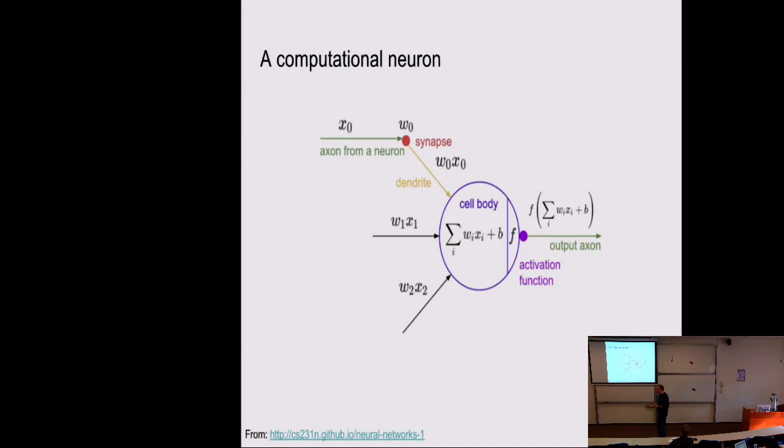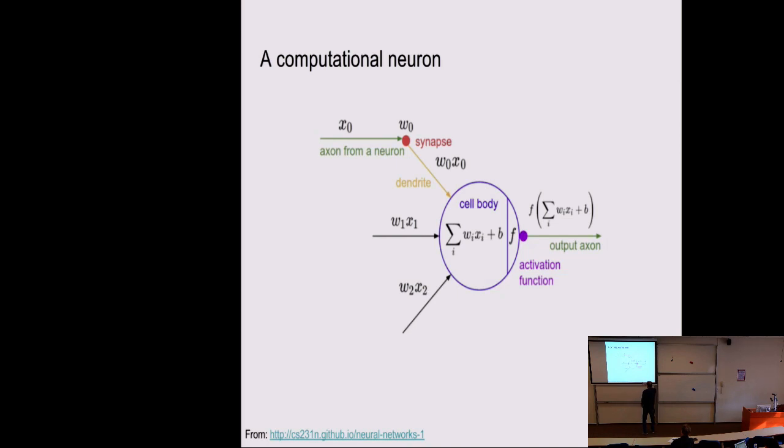You know, not every connection is equally important for a neuron, so W represents the importance of the connection. And in fact, W can be a negative number, which means the connection is not excitatory, it's inhibitory. So the higher that particular X is, the lower the total input going into the cell body.